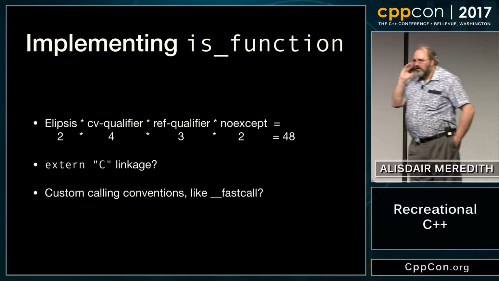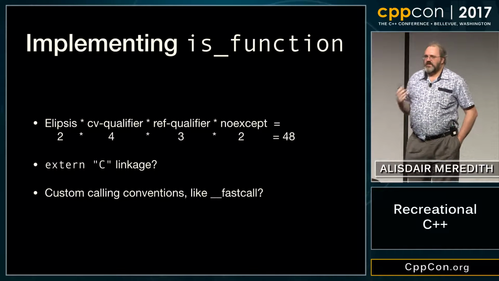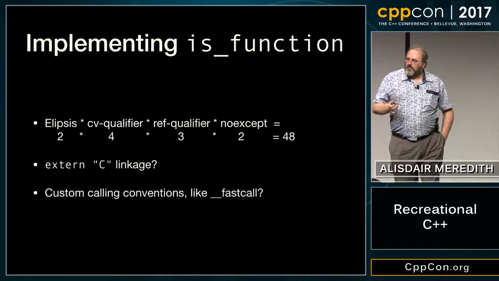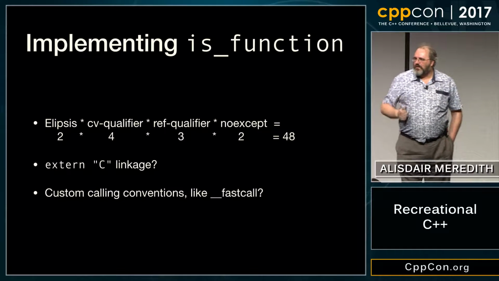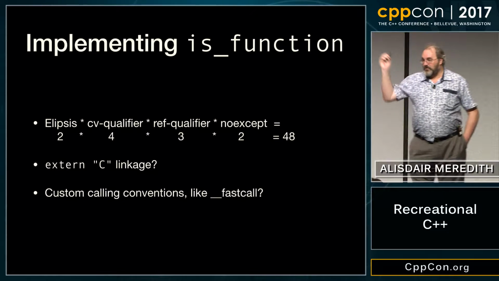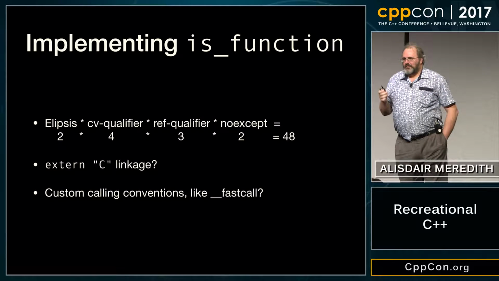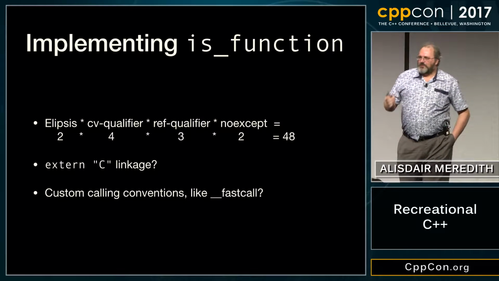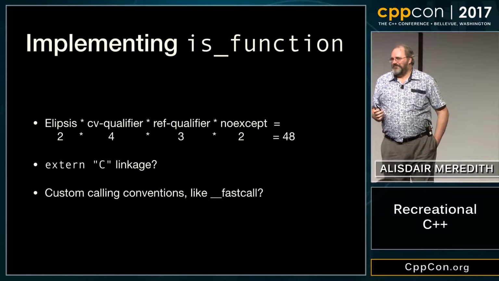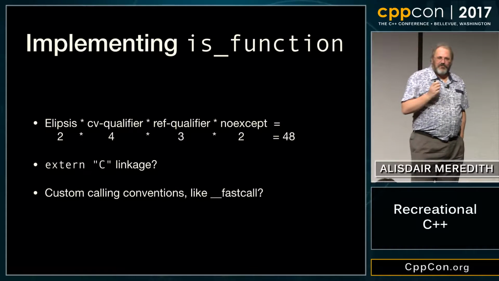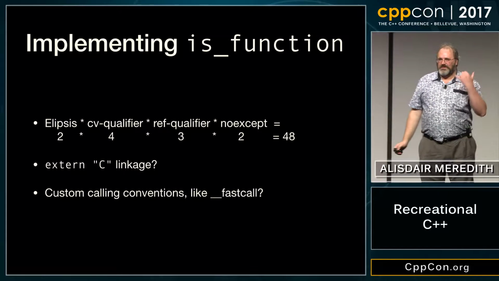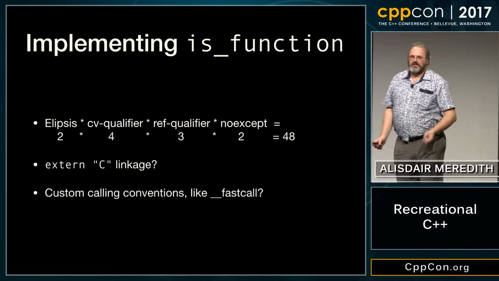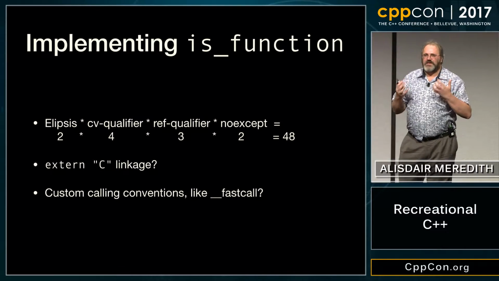There's a suggestion that we call remove_cv. Now, the problem is that the CV qualifier on your function type is not actually a CV qualifier. If I call remove_cv and pass it one of these strange function types, it cannot be CV qualified.